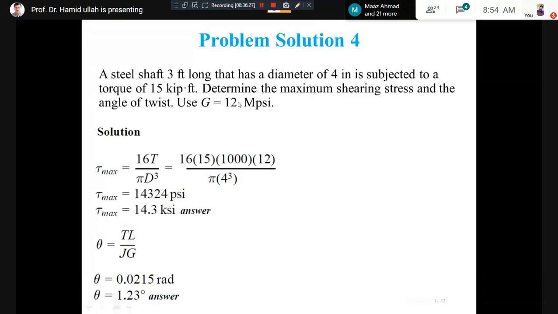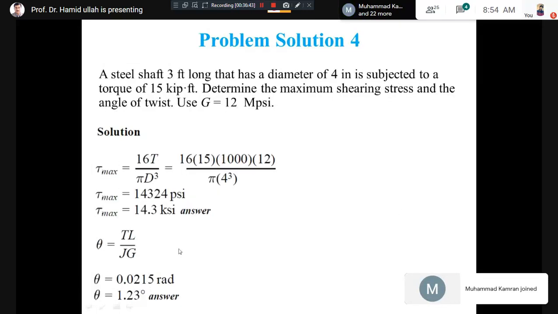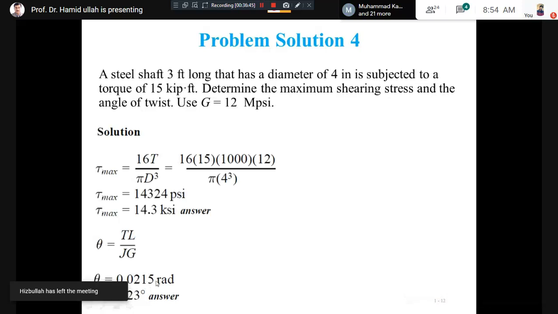G is given already, 12 mega psi. You put the value, and initially, remember, the value you will get for theta will be in radians. Then you will convert into degrees by the relation pi radian equal to 180 degree. So remember, if in the question angle of twist or theta is required, your answer should be in degree. Don't leave it in radians.